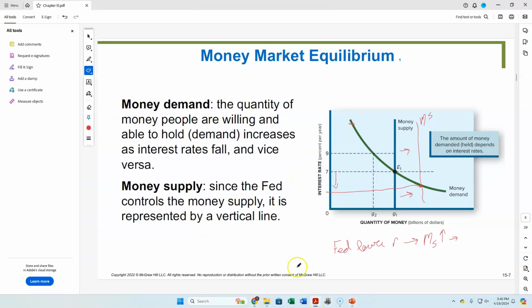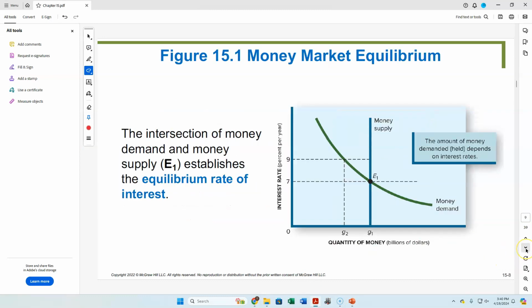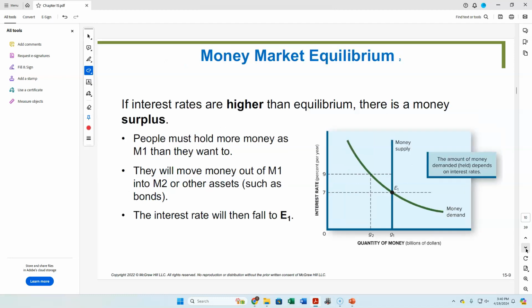Okay, let's go back to the slides here. So again, you don't need a slide to tell you this, but basically the intersection of these two curves, the money supply curve and the money demand curve, would give us our equilibrium interest rate. I'm not even sure why they make a slide about this, but you generally wouldn't see a non-equilibrium position, especially in the money market.